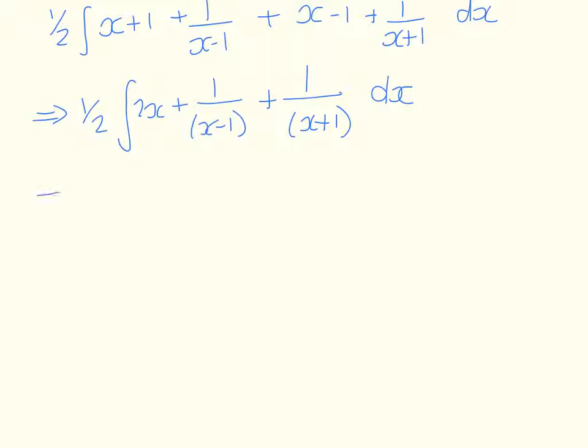Now I'm just going to integrate. So I've got a half, 2x squared over 2, so x, ln x minus 1 times 1 plus ln x plus 1.